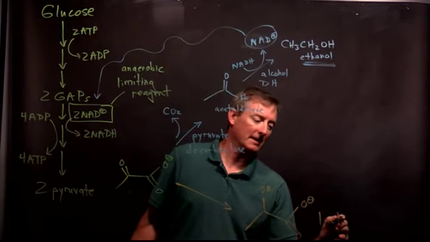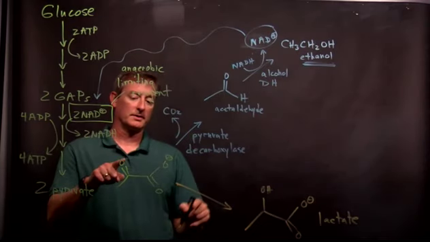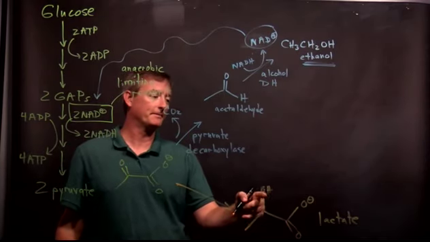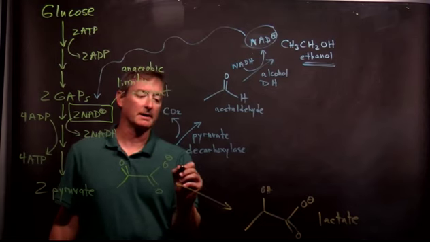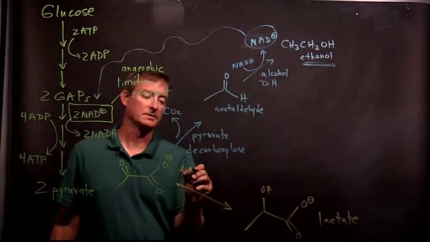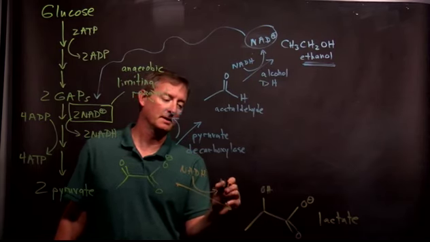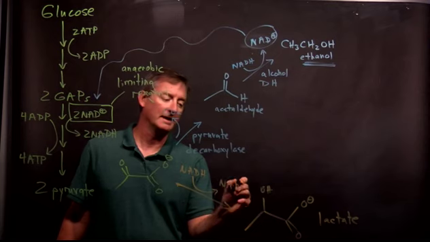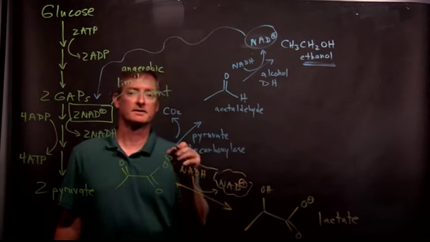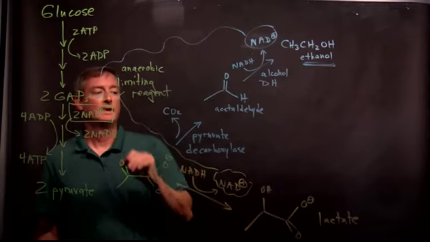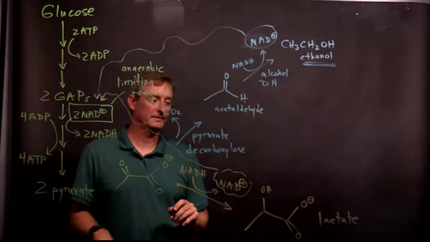This is lactate, from lactic acid. And again, what we're doing is we're taking an oxidized carbonyl, reducing it to an alcohol, and so this reduction can be coupled to an oxidation of NADH to NAD+. This NAD+ can go back and replenish this limiting reagent from glycolysis.